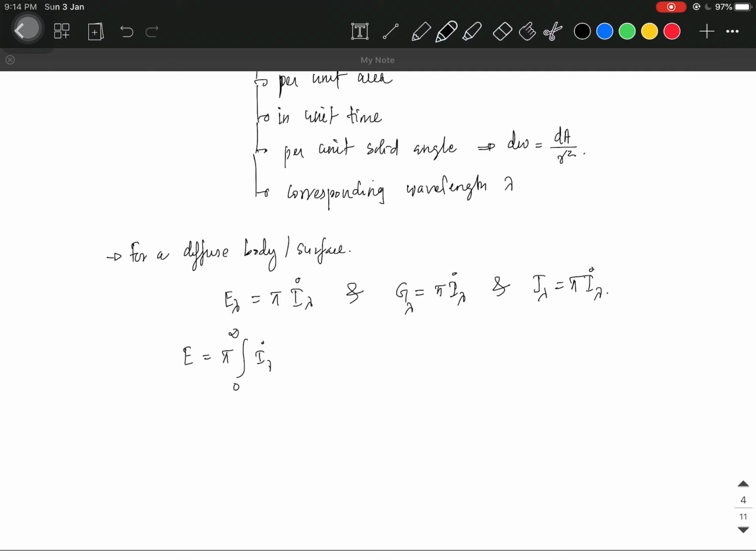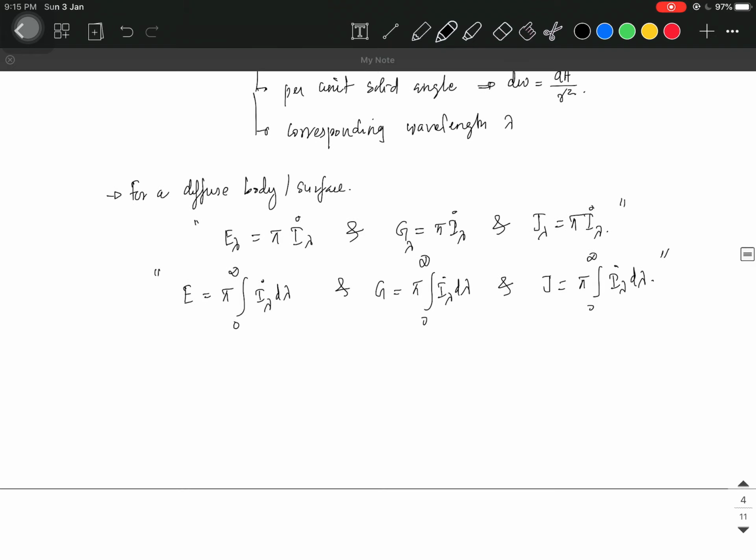From these equations we can determine the total emissive power: E is equal to pi into the integral from 0 to infinity of I dot lambda d lambda, irradiation G is equal to pi into the integral from 0 to infinity of I dot lambda d lambda, and radiosity J is equal to pi into the integral from 0 to infinity of I dot lambda d lambda.